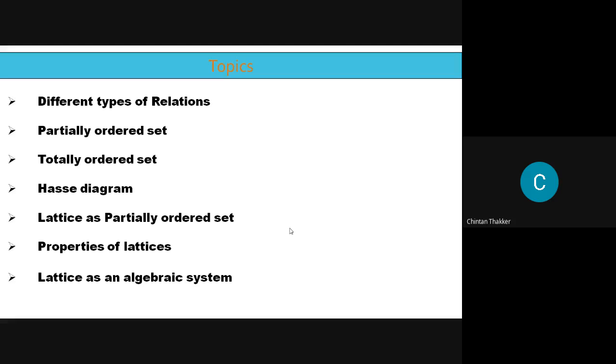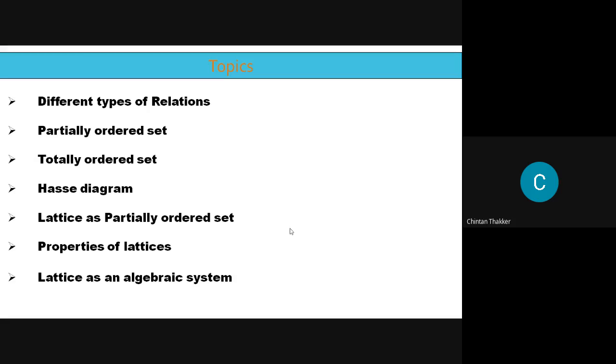Then we have some properties of the lattice. Okay, so these are the topics in this chapter. Now first we take the different types of relation.